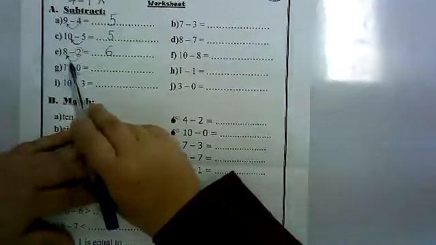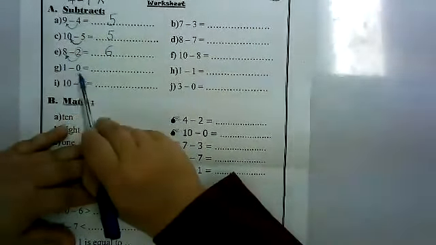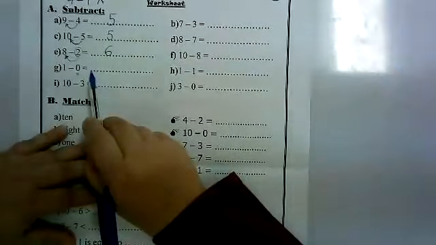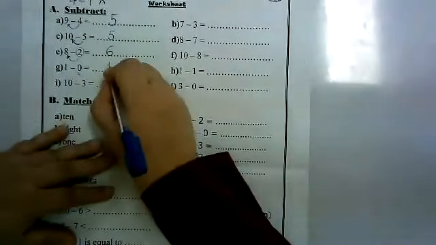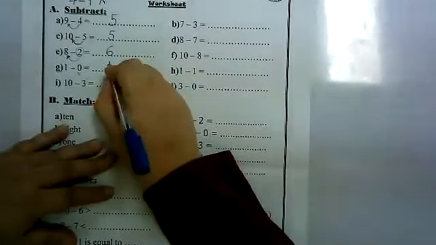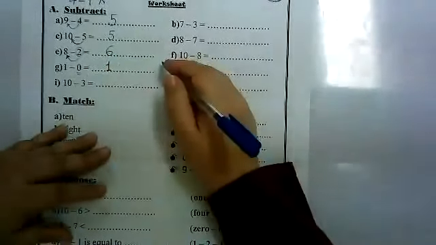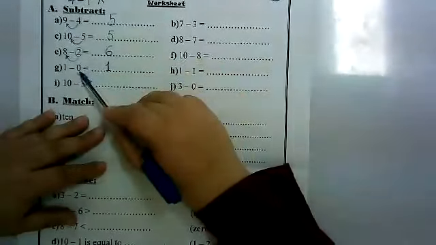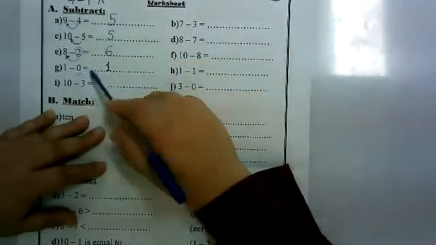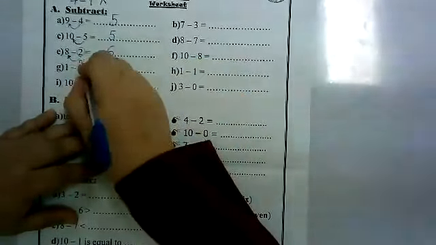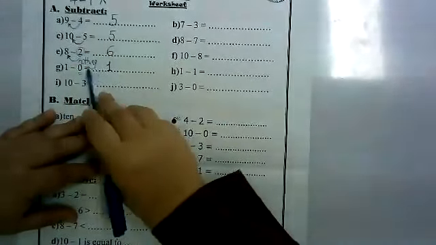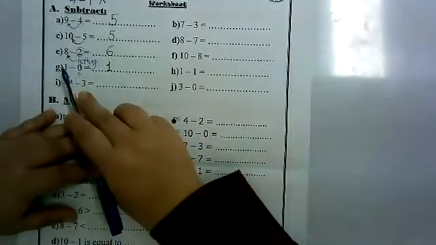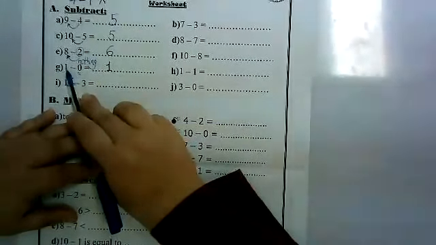So 1 plus 0 equals the same number 1, also 1 minus 0 equals 1, because you take away nothing from 1. 0 means nothing. If we take away nothing from 1, it will be 1 as it is, right?